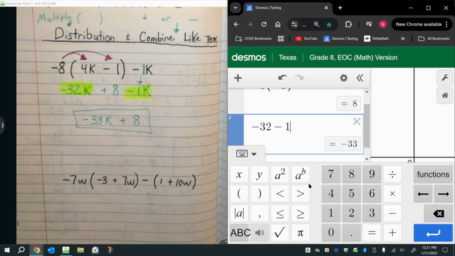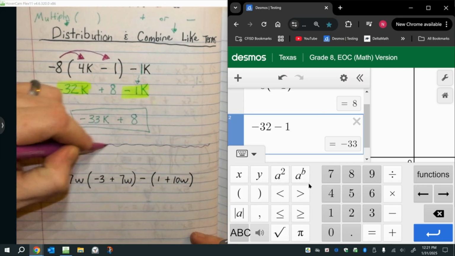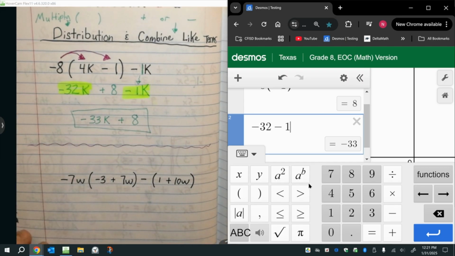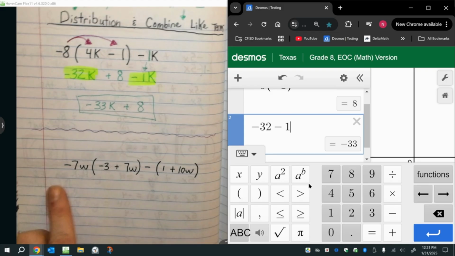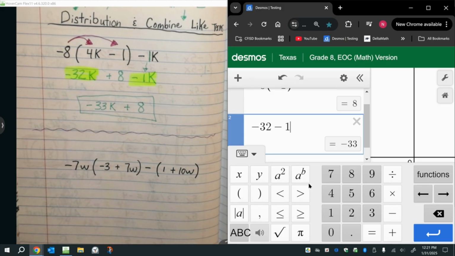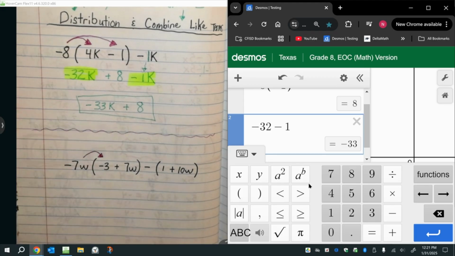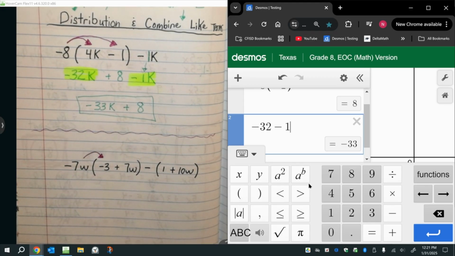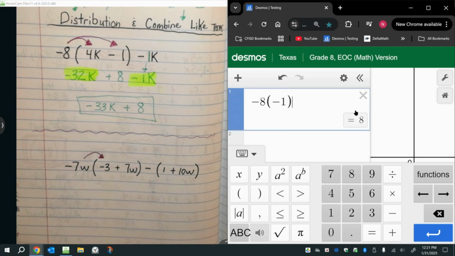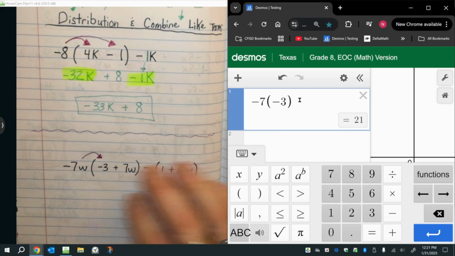All right, let's take a look at another example. So the next one, I have negative 7W out in front of the parentheses. So here's what I'm going to do. I'm going to distribute now a negative 7W. So let's just get rid of this. I have negative 7 and then parentheses negative 3. Again, I cannot type my W. I am just going to write positive 21.